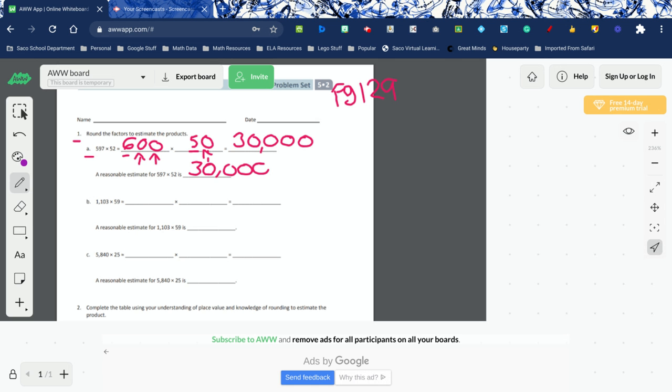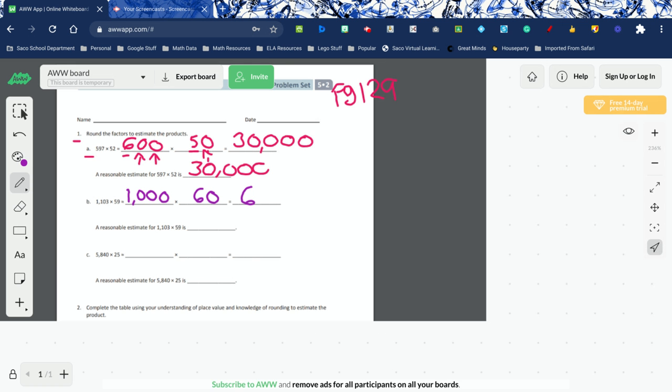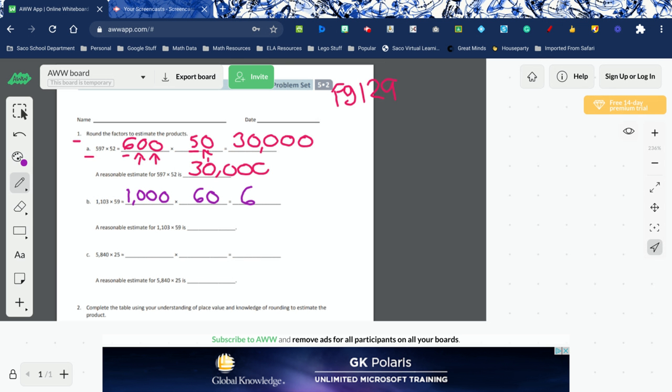Let's do one more together. This next one, same thing, says 1,103 times 59. Again, there are no directions that tell me what number or what place to round to. So first I'm going to just round to the largest place value we have. 1,103 is about equal to 1,000.